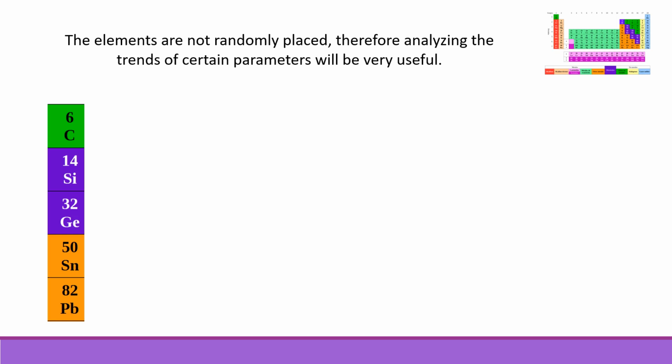Therefore, we can ask ourselves whether analyzing the trends of some properties along or across the periodic table, either along a column or along a row, could reveal some tendency that allows us to predict, at least qualitatively, the behavior of the elements.